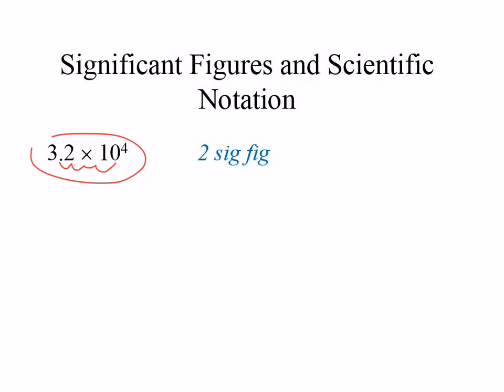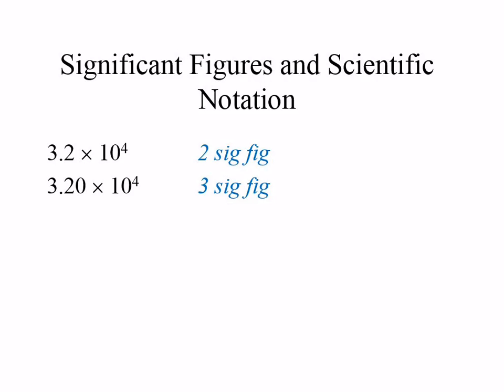So that would make it 32,000. So those two numbers are the same, right? But packed up this way, can you see, like the slide said, there's 2 sig figs. So 32,000, we could also write it 3.20 times 10 to the 4th, still 32,000, right?